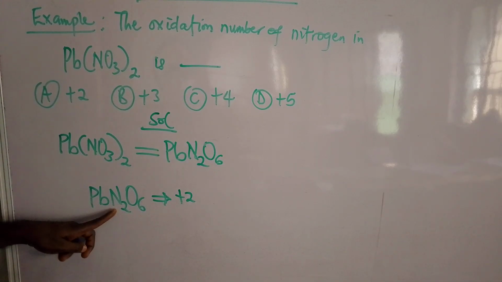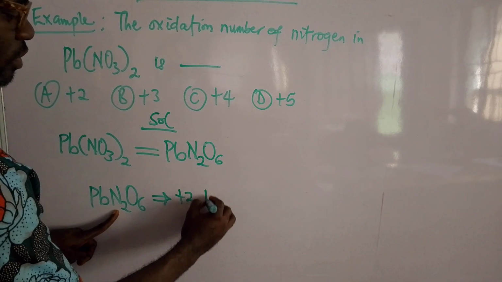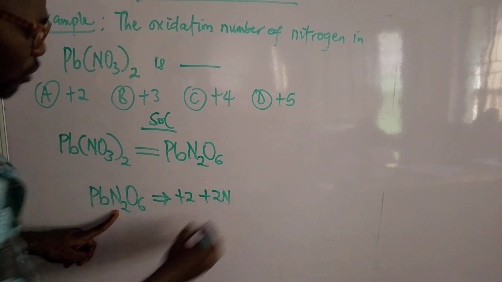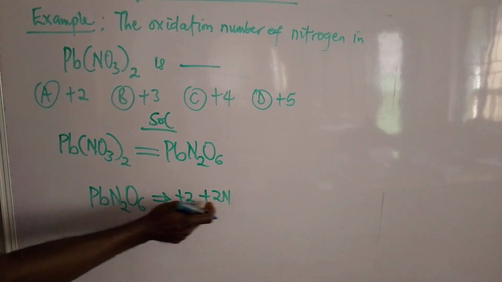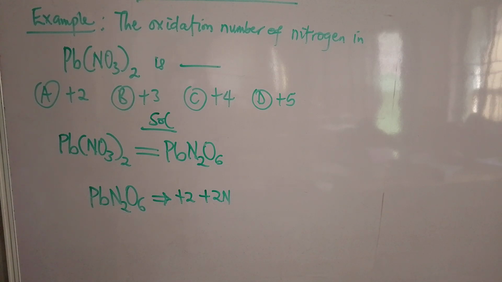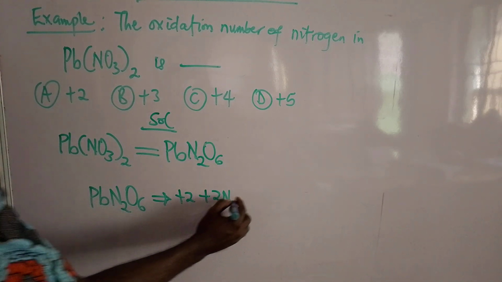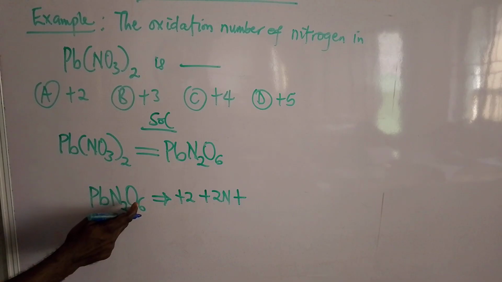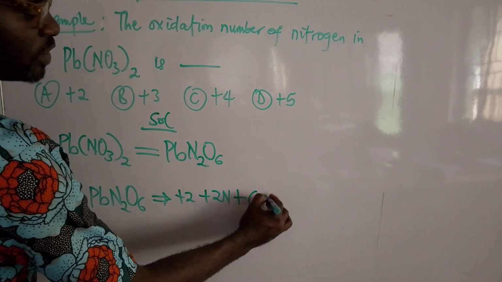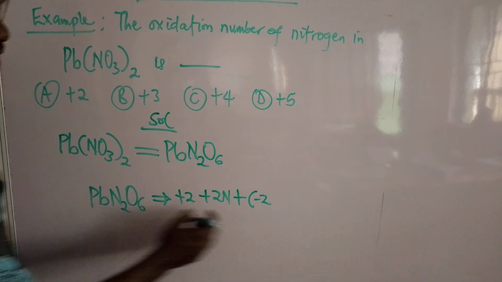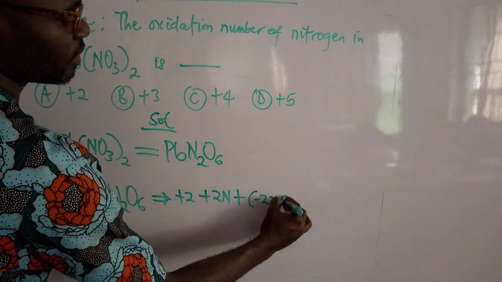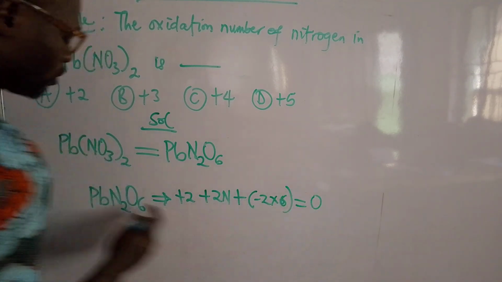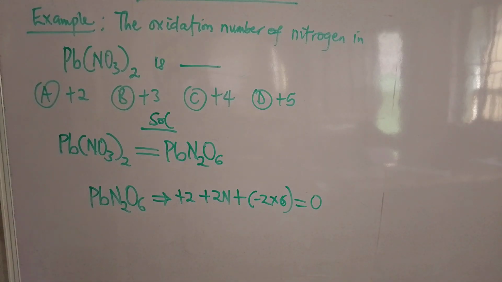Nitrogen is what I'm looking for, so the 2 will come to the front: 2N. Then plus, oxygen is always -2, multiplied by the number under, that is 6. Everything will give us 0 because it is a compound that doesn't have charge. It's not a radical.